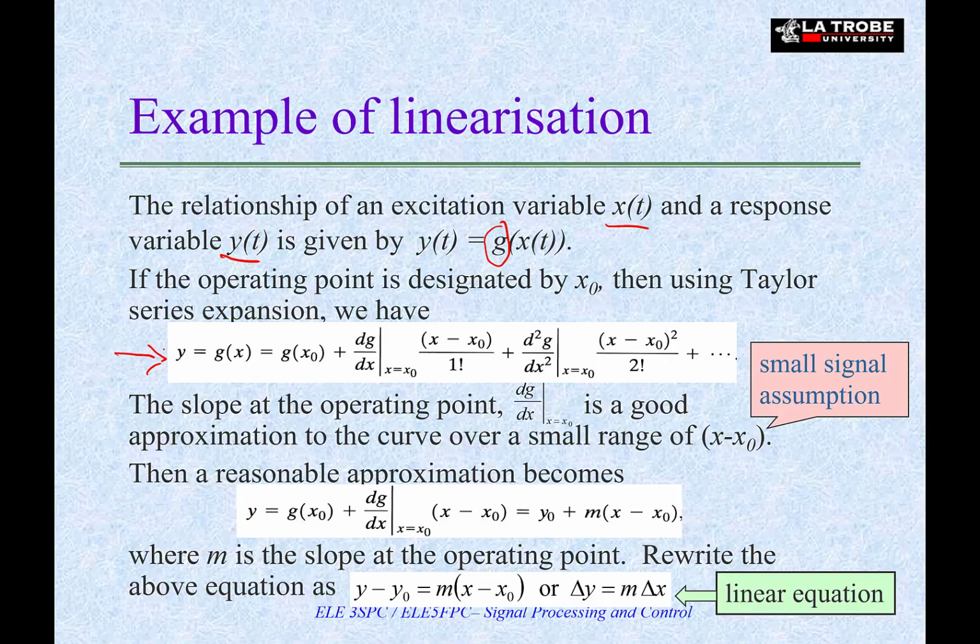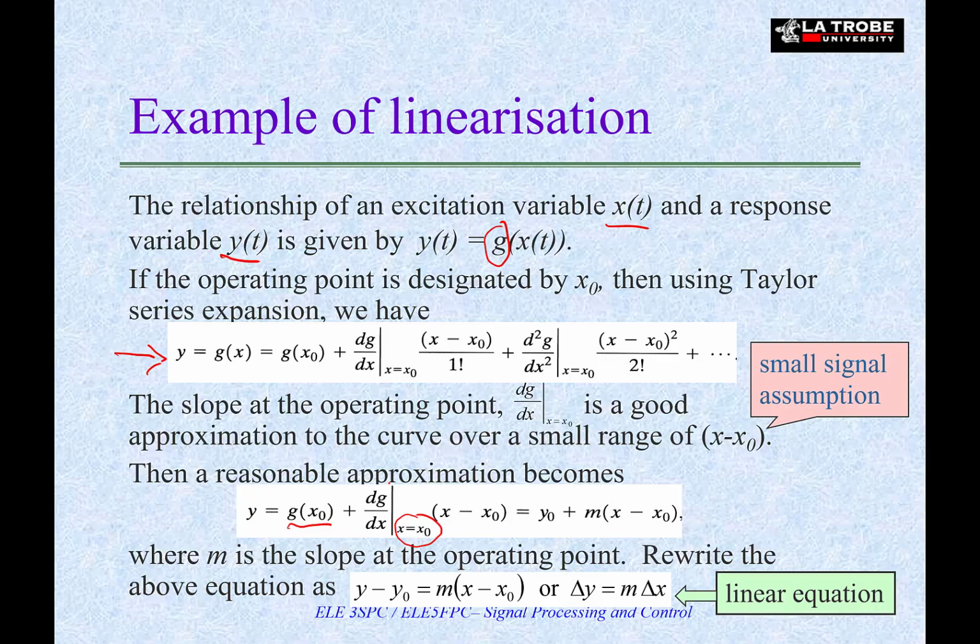Therefore, we only keep the constant term g of x0 and the first order derivative of g with respect to x evaluated at the operating point, and all of the higher order terms you can say are removed from the approximation.